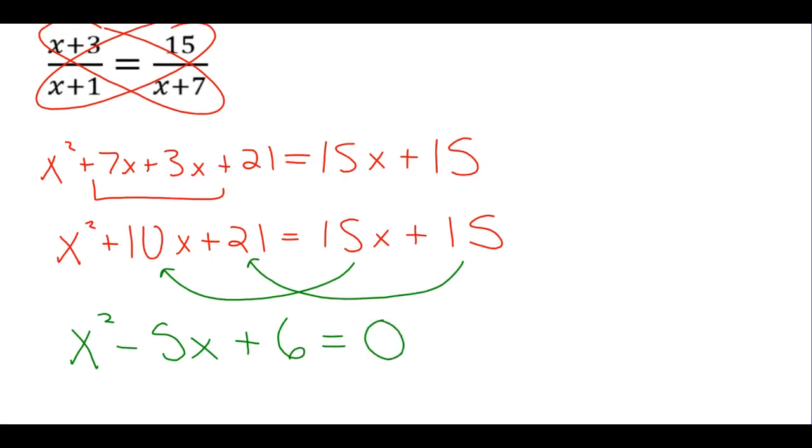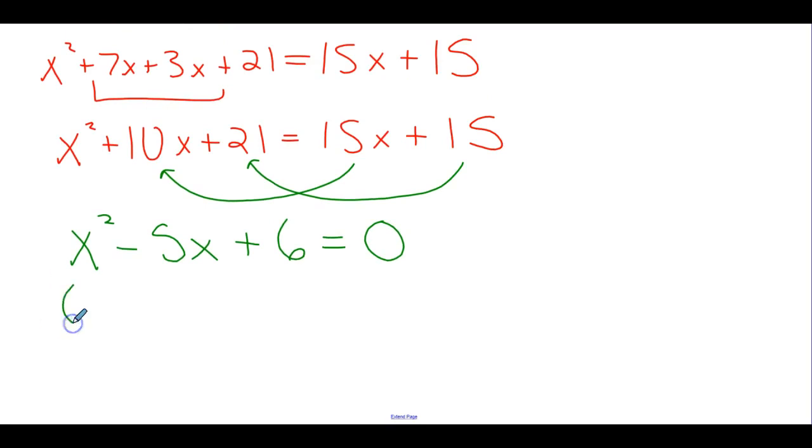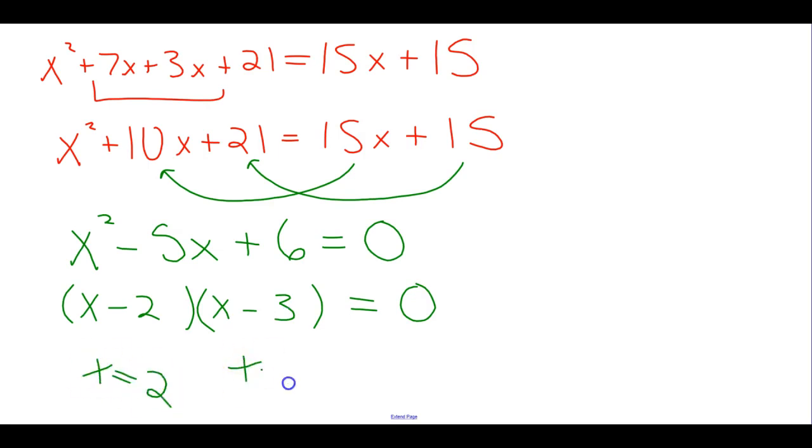What factors of 6 add up to negative 5? So the way we solve the quadratic, factors, set the factors equal to 0. So that would be negative 2 and negative 3. Negative times negative is positive 6. Negative 2 plus negative 3 is negative 5. So therefore, what does x equal? 2 and 3.